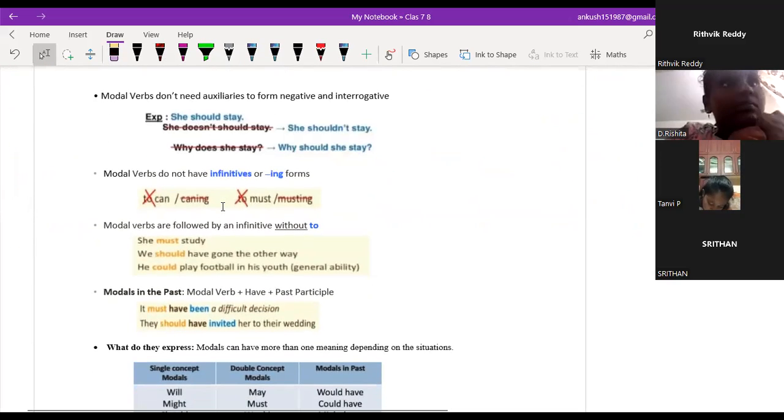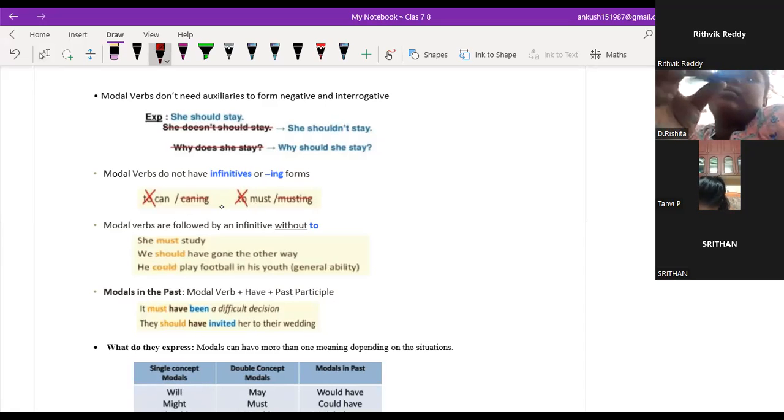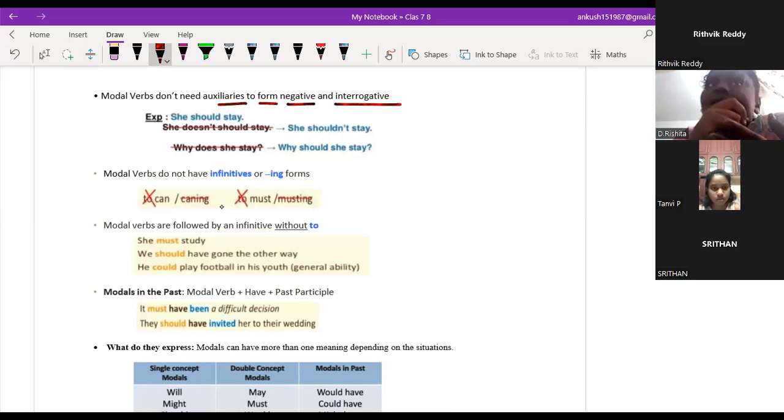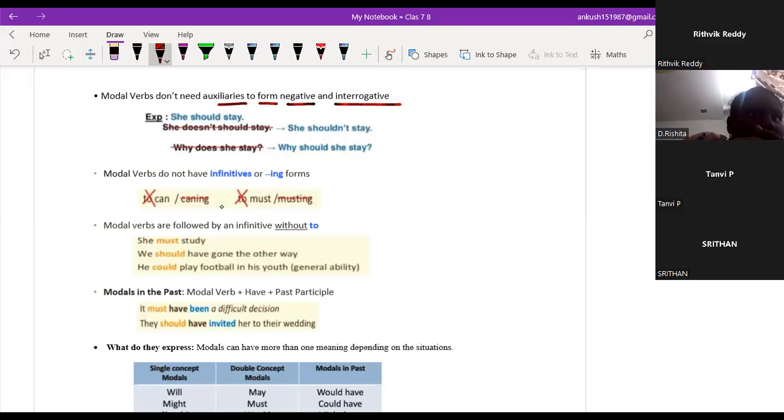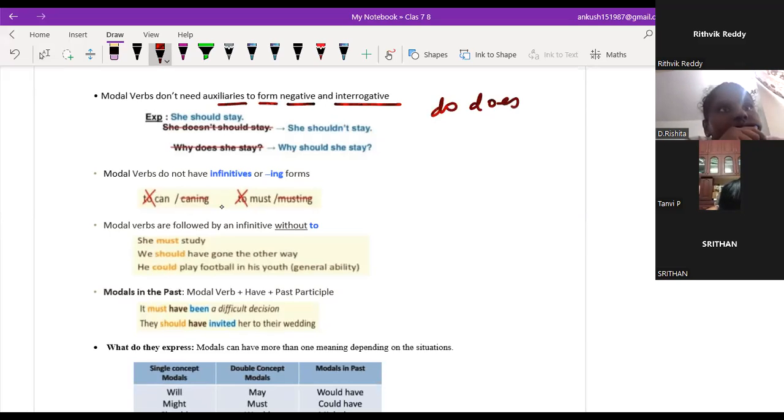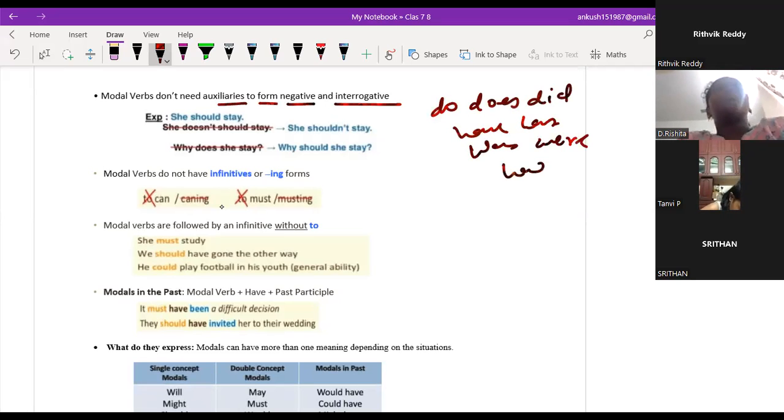Here, another rule is modal verbs don't need auxiliaries to form negative and interrogative. Modal verbs do not use auxiliaries. Auxiliaries in the sense of primary auxiliaries: do, does, did, have, has, was, were, had.